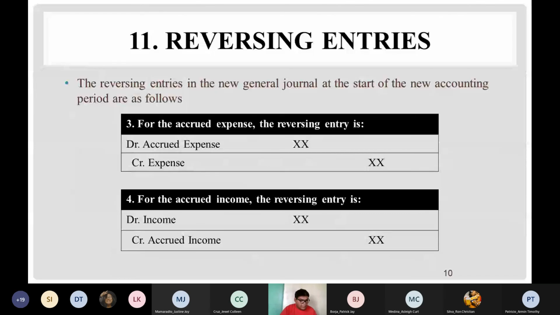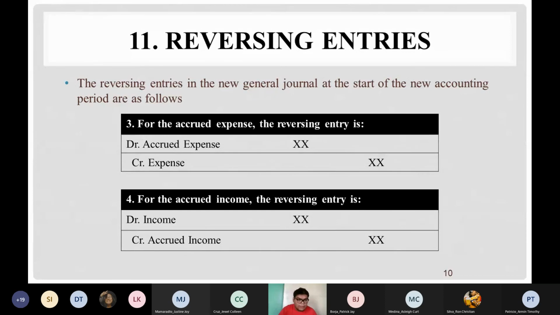And then last but not the least, for the accrued income, no? Because the rental receivable account is closed, on the date of collection, the amount will be consistently credited to an income account. If no reversing entry is made, rental receivable account will be credited upon collection.